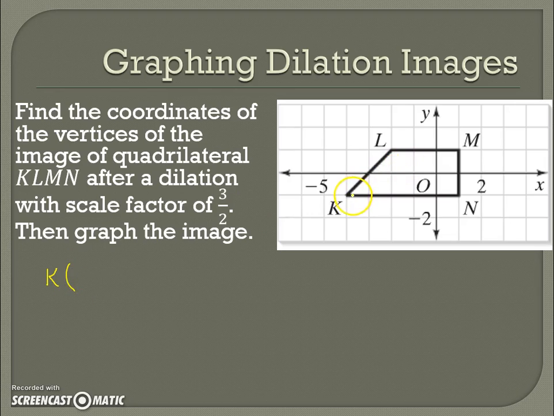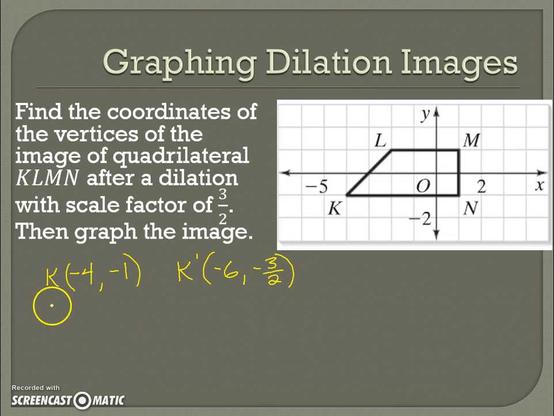So K, see, is (-4, -1). And so to find K prime, I multiply both of these by 3/2. So -4 times 3/2 is going to be -6. And then -1 times 3/2 is -3/2.